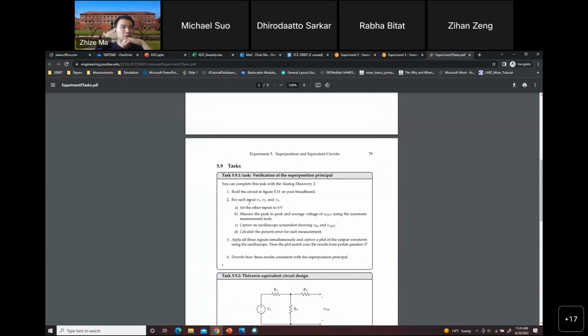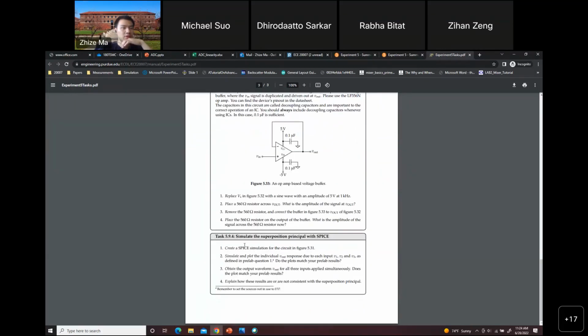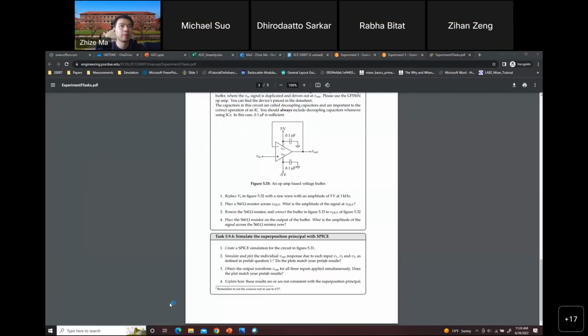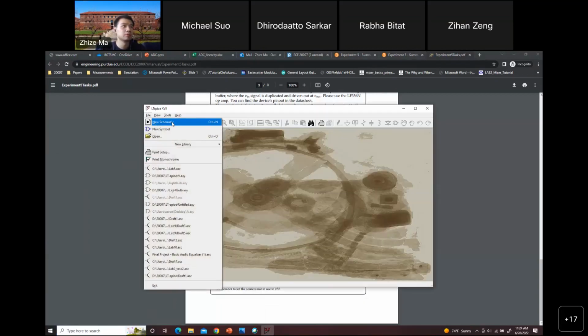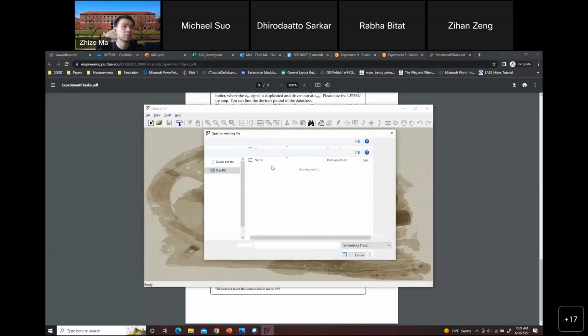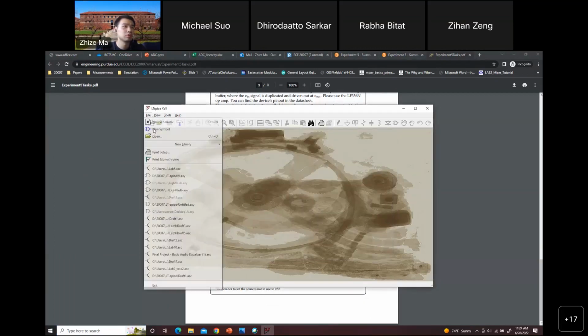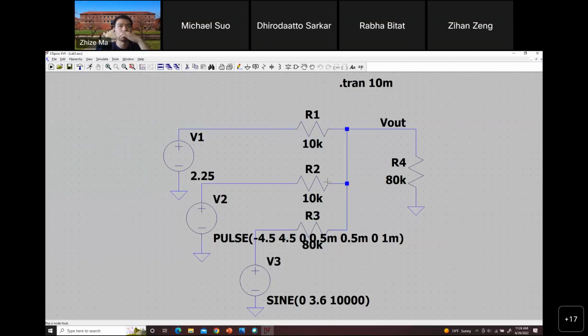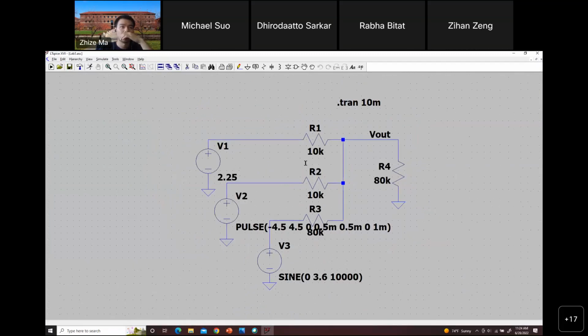Let's jump to task 4 first. In task 4, you build the circuit from the pre-lab in LTSpice. Let me open my LTSpice. Basically you're going to build this circuit right here, that's the circuit in the pre-lab.